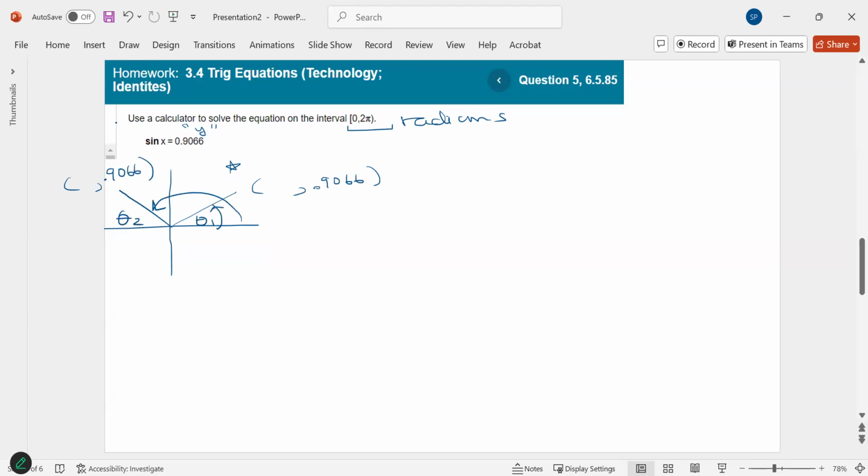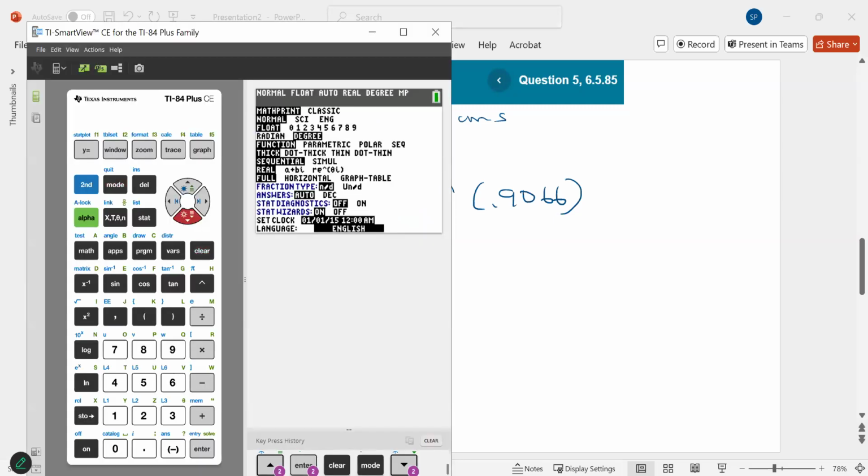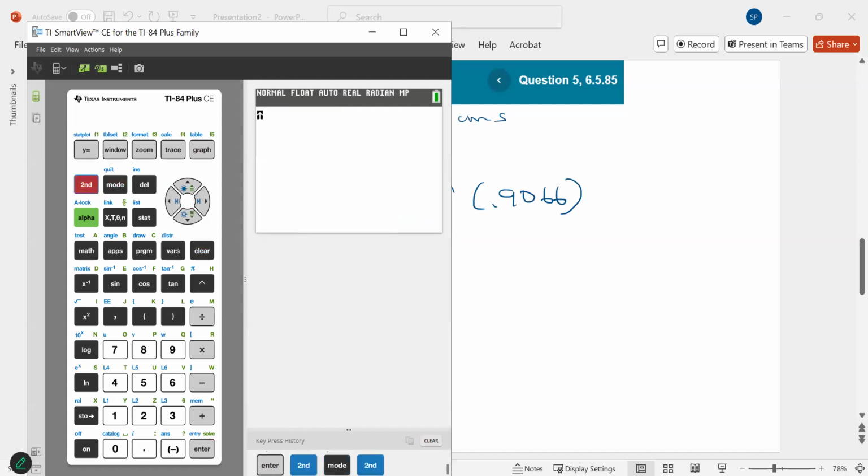So to find angle 1, what we do is we take the inverse sine of 0.9066, and you can use your graphing calculator for that, and make sure that you are in radian mode. So go to mode here, make sure you're in radian mode, and then we quit out and you do inverse sine of 0.9066.